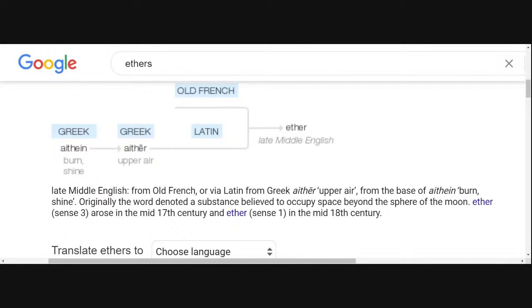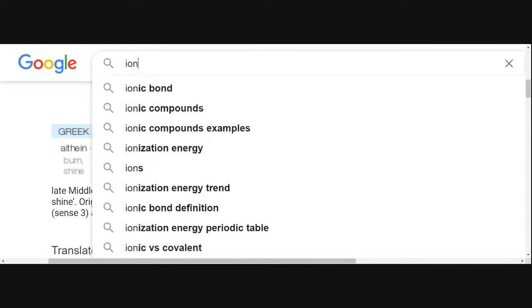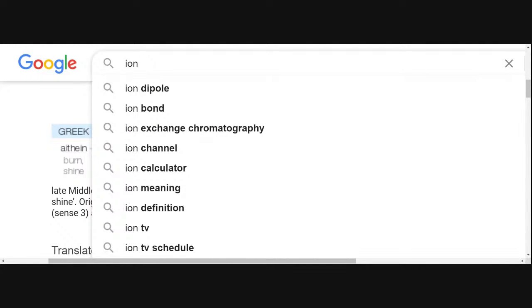Let me see if I can put it up for you right quick. If you know anything about the northern lights and all that, that's just a combustion of the ionization. Ionization. Oh, I forget exactly what I was about to look up just then. My bad, I had a brain freeze.